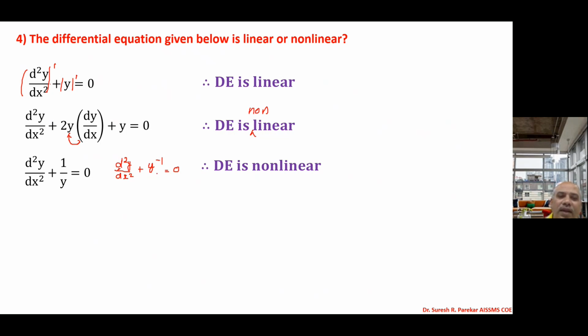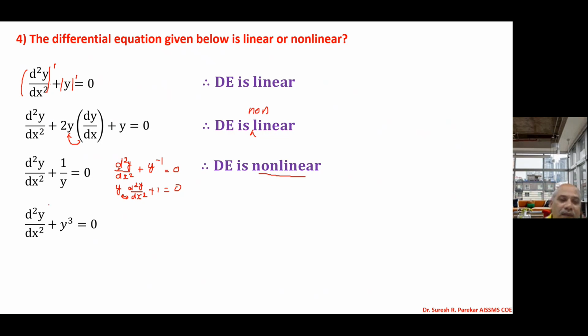And as we cannot find the degree, my differential equation is non-linear. Or if you make changes in this, you can write this equation as y into d2y by dx square plus 1 equal to 0. Then we have multiplication of these two, so our differential equation is non-linear.